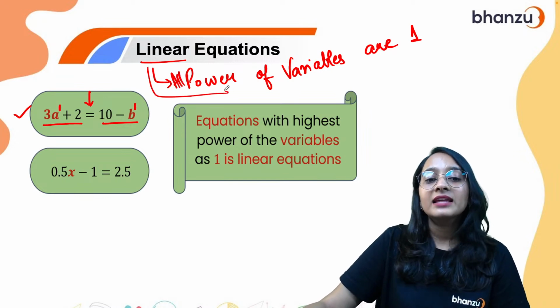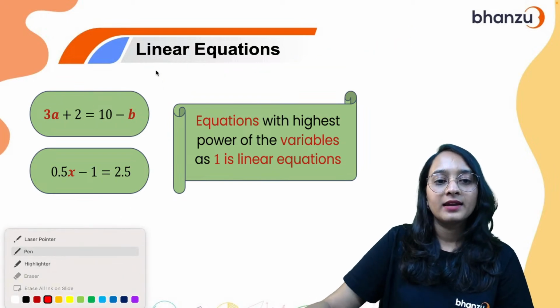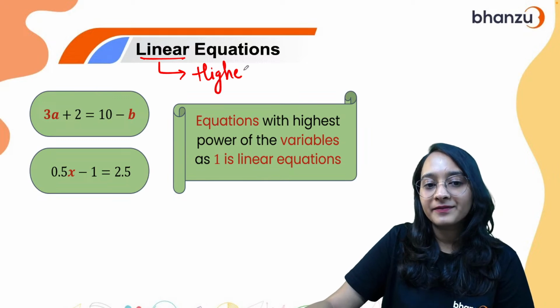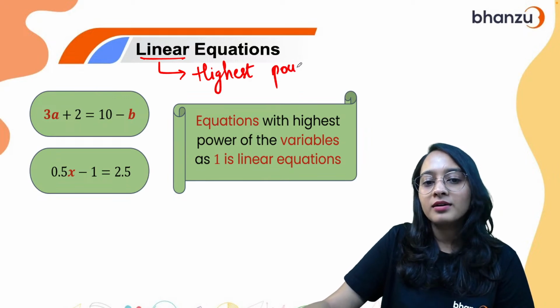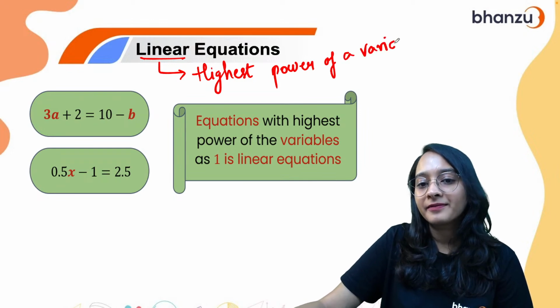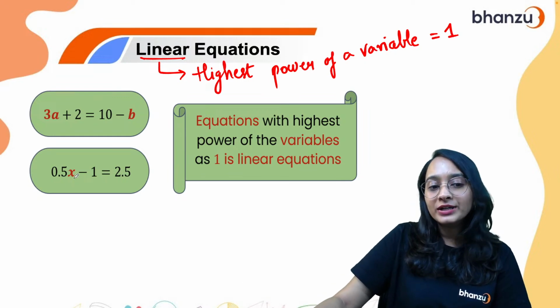Or you can say the highest power. Okay, let's put it this way. Linear equation is highest power of a variable equals to 1.